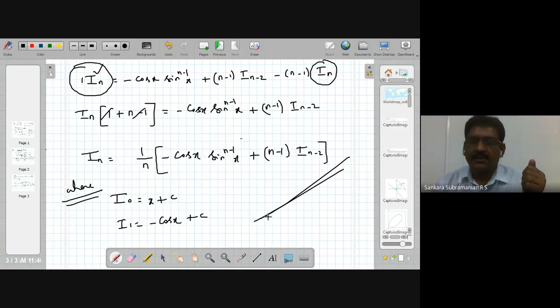Now, using this, they will ask questions like, using the reduction formula, find the integration of sine square x, integration of sine cube x, and integration of sine power 4x dx. So how will you do that?